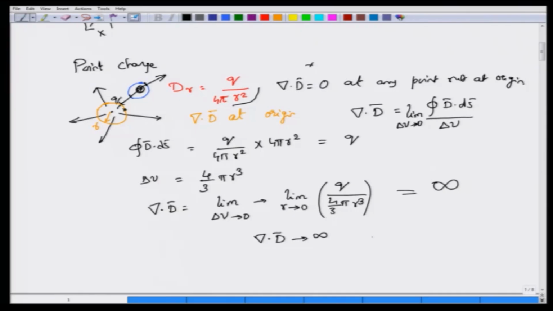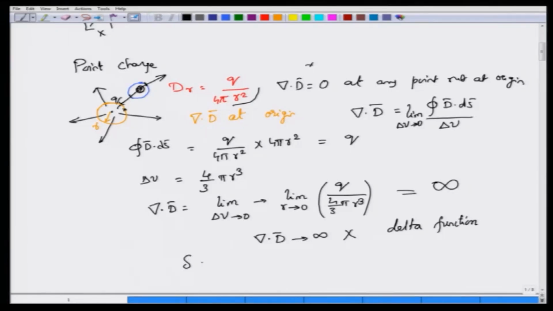So, this is clearly an unphysical result, and to deal with such unphysical results, mathematicians have introduced and physicists have extensively utilized this tool called delta functions. A delta function is something that shoots up to infinity at a particular point. However, if you integrate that function, the area would be equal to some finite value. Formally, you define the delta function at any point, say x, as this quantity.